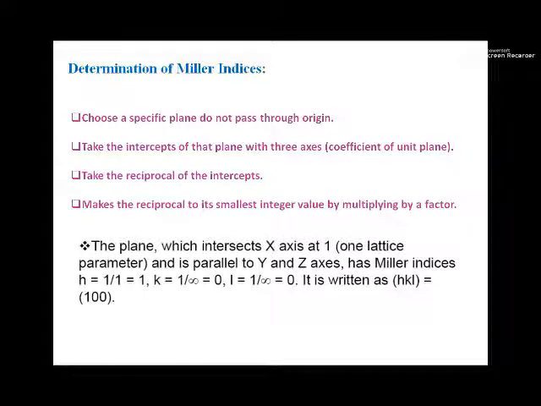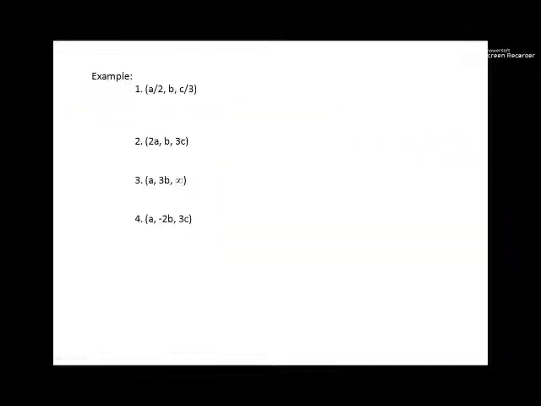So the Miller indices of that particular plane will be the reciprocal of 1, that is 1, the reciprocal of infinite, that is 0, and the reciprocal of infinite, that is 0. So hkl in that case is written as 1 0 0. So in this way you can determine the Miller indices.